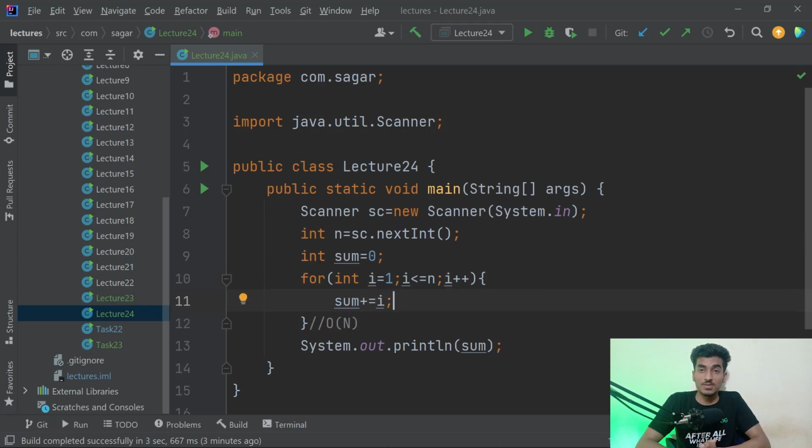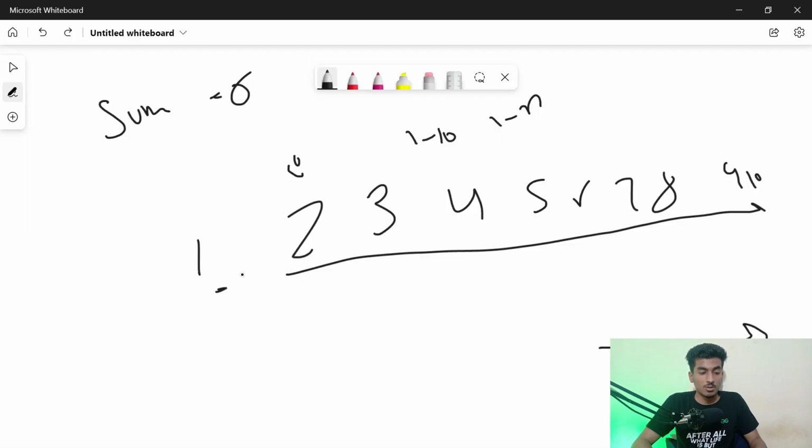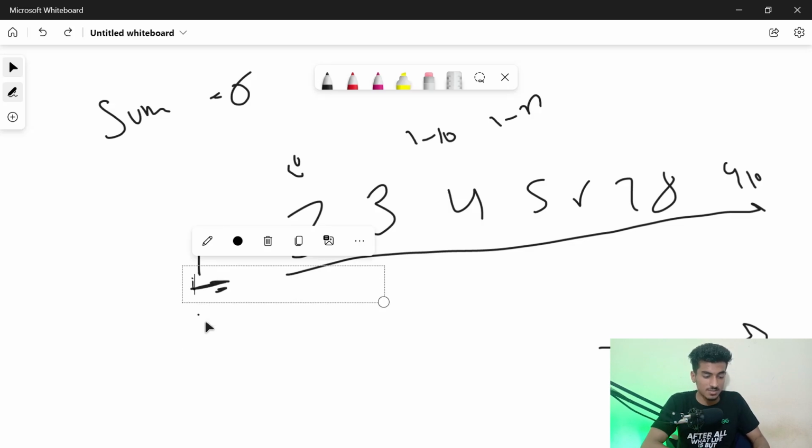As in our previous videos, I already told you to consider time complexity as the total number of operations we are doing. But here you can see what we are doing. First we initialize, so this is our first operation. Let me just write it here. So what operations are we doing? Initializing, and after that we are reinitializing, so that is also our operation.